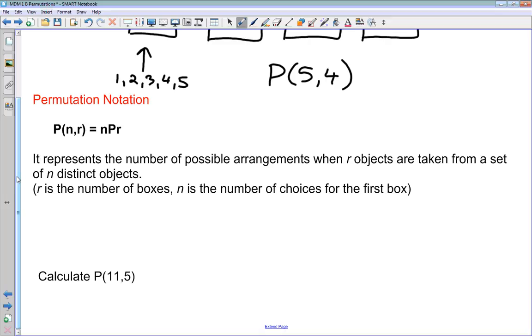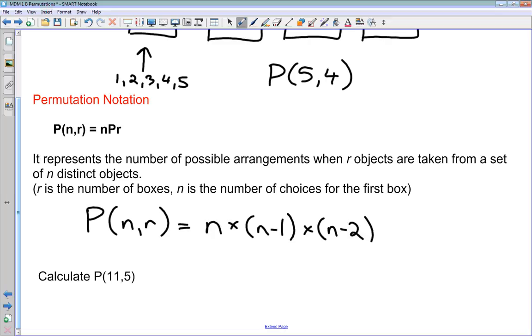The general way of calculating this, if we're calculating the permutation N, R: for the first box we have N choices, then we have 1 fewer choice for the next box, 1 fewer for the third box, and so on, all the way down to N minus R plus 1 for our final box. So we have 1 more than N minus R for the last choice.